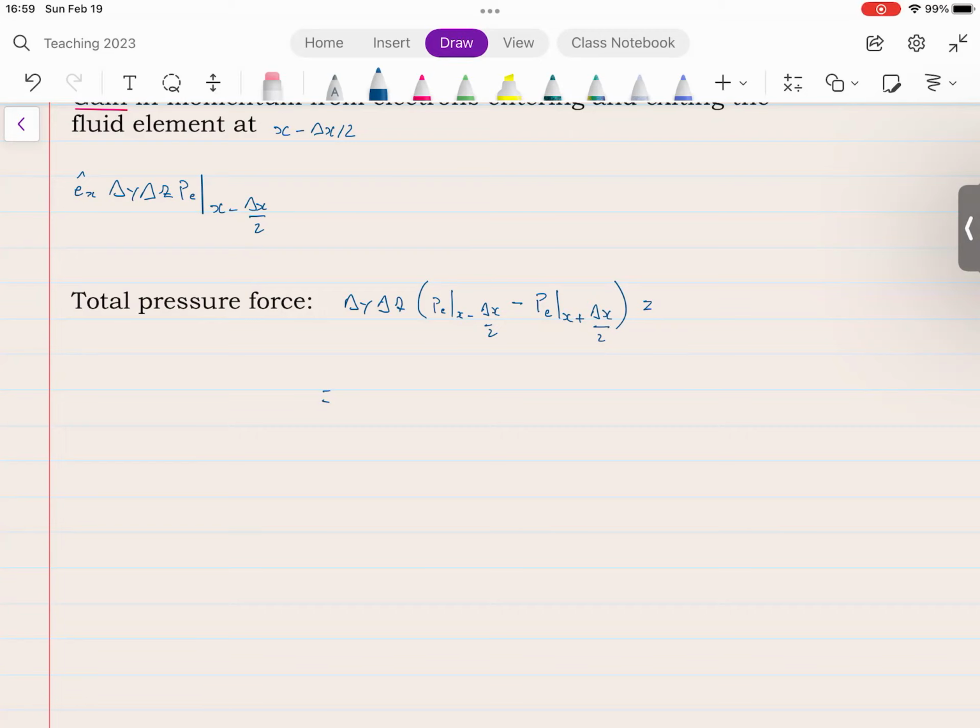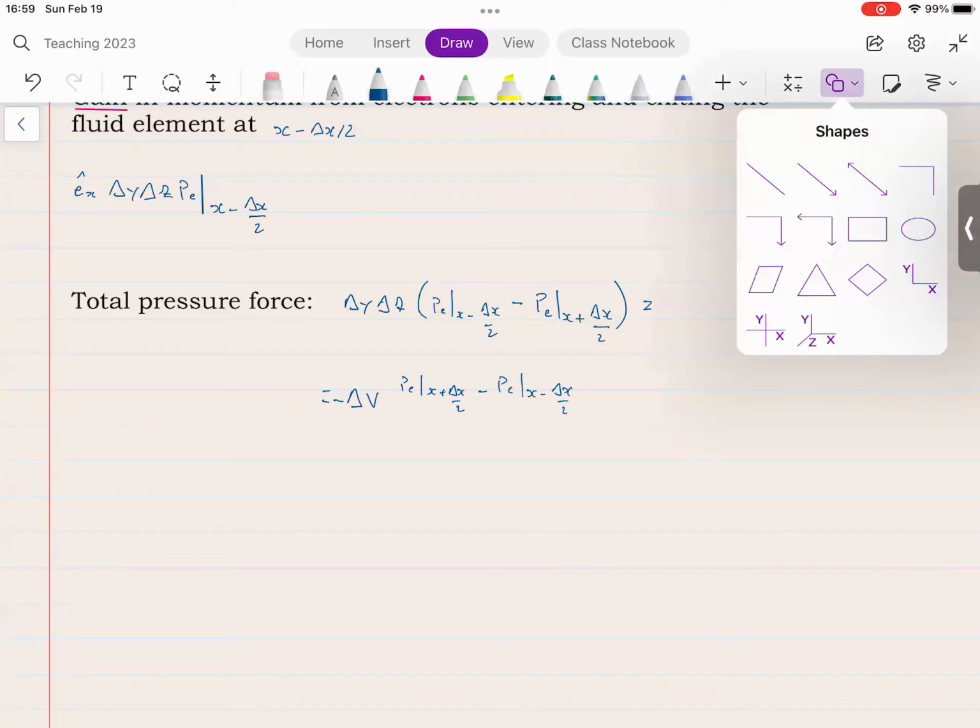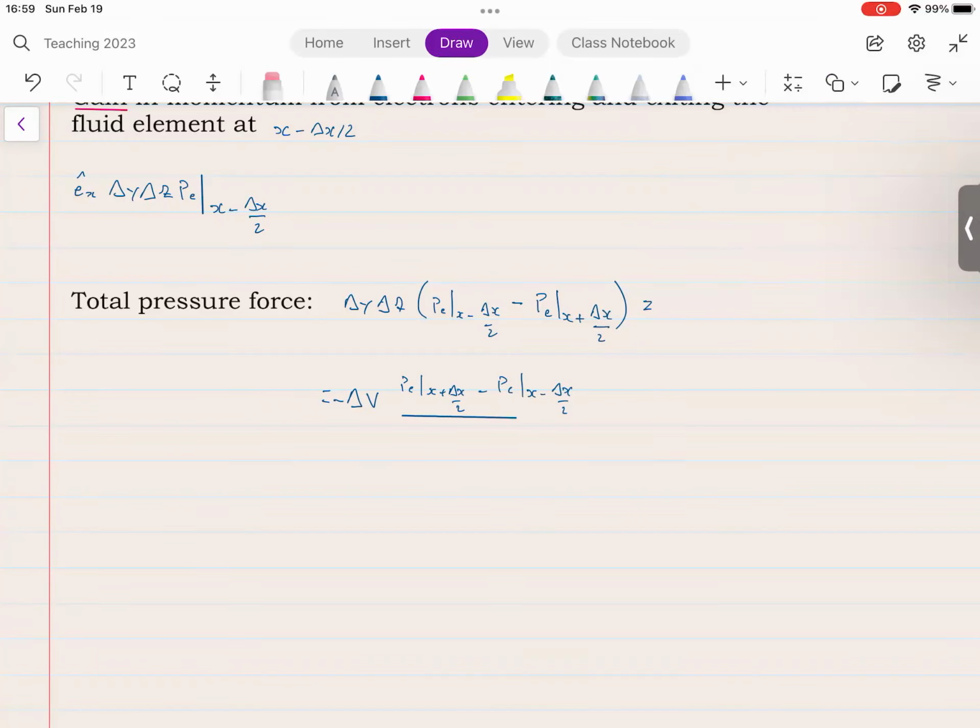So I take a delta x out, multiplies delta y, delta z, gives me delta V. And then I pull a minus out, so I can use PE calculated at x plus delta x over 2 minus PE calculated at x minus delta x over 2, and all divided by delta x.